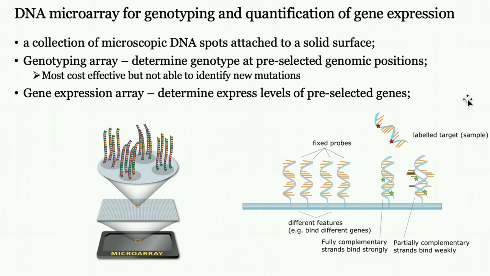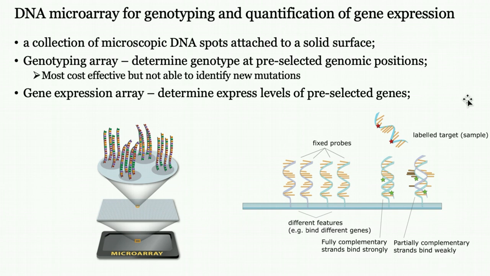With that, based on the amount of signal from the microarray, we can also measure the expression level of a specific gene. So microarray is a very efficient approach to genotype known positions or to measure the expression of pre-selected genes. It's only designed for known places.